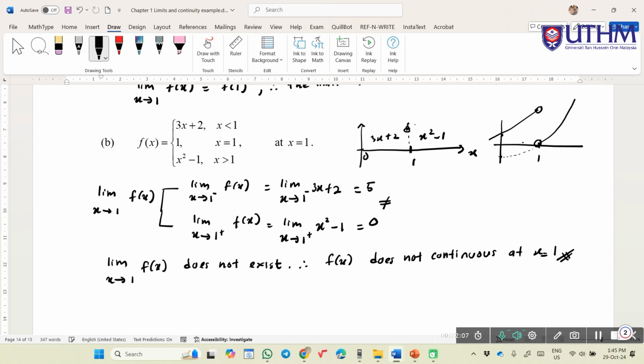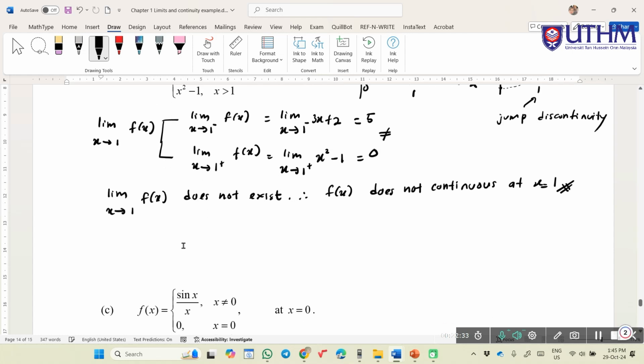And when x equals 1, the value is 1. So the graph is like this. This is a jump discontinuity, removable and jump discontinuity, but obviously this is a jump discontinuity. We can check through the graph.